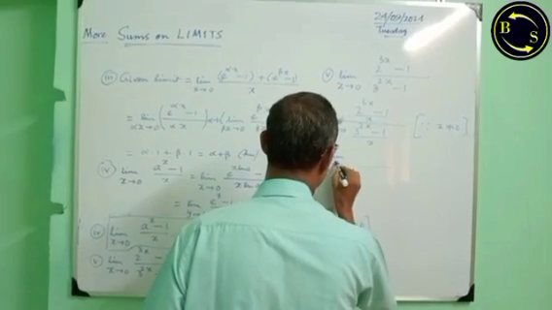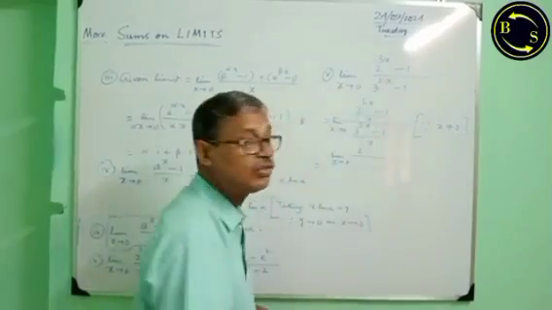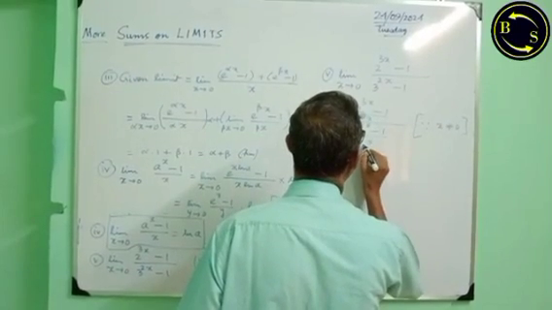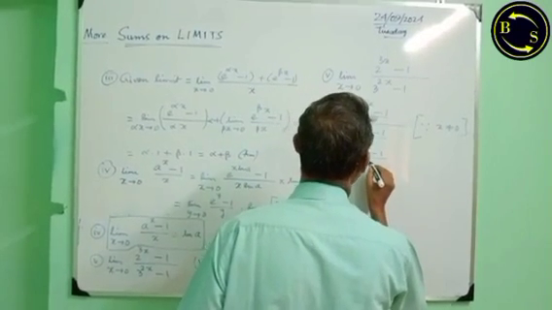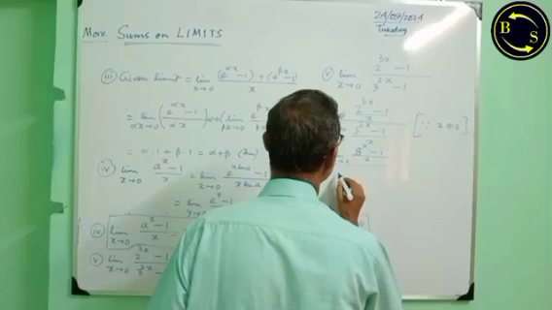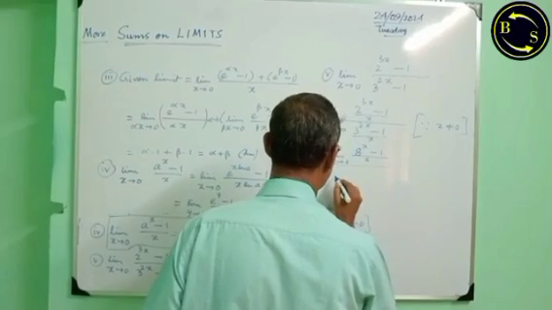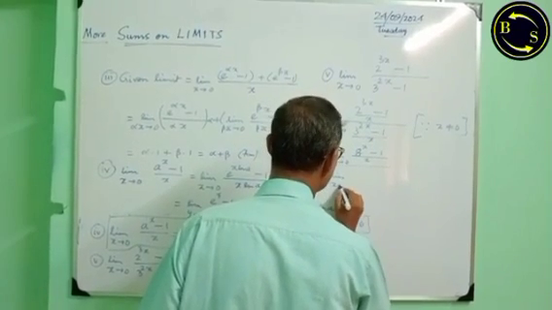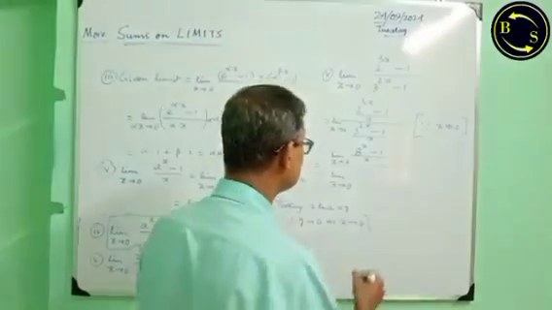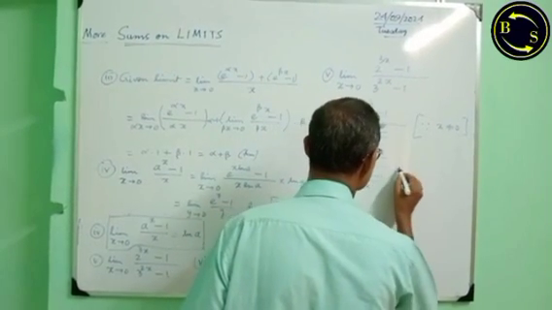Limit x tends to 0, 2 to the power 3x means 8 to the power x, minus 1 by x, by limit x tends to 0, 3 to the power 2x means 3 square whole to the power x means 9 to the power x, 9 to the power x minus 1 by x.